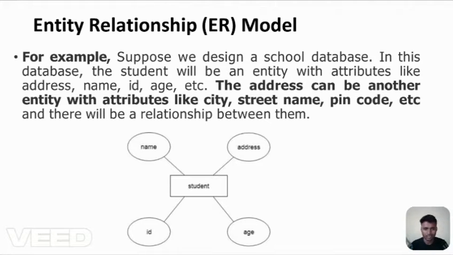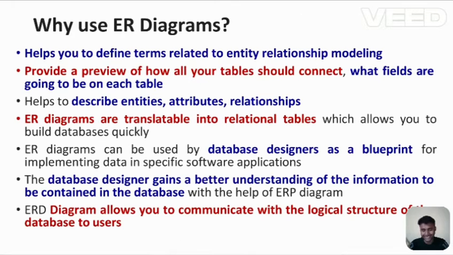Like I said before, this diagram is the way in which a developer or a user can easily understand the data about the student. We have name, address, id, age. These are the attributes of the student entity.